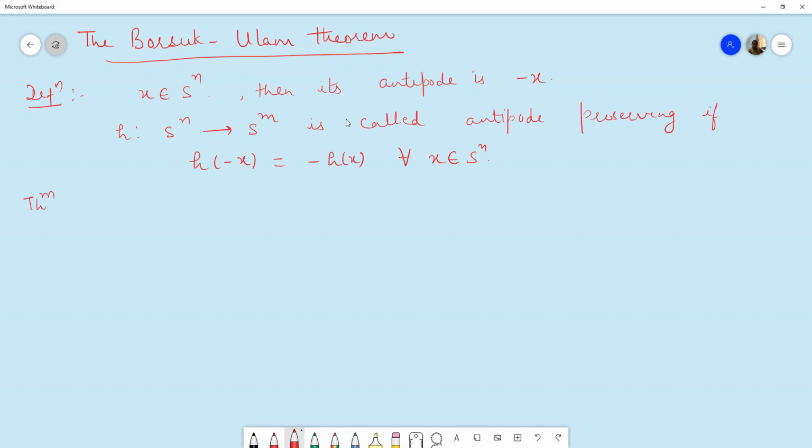Now we prove that if we have a continuous antipode preserving map of S1 into itself, then that mapping cannot be null homotopic.